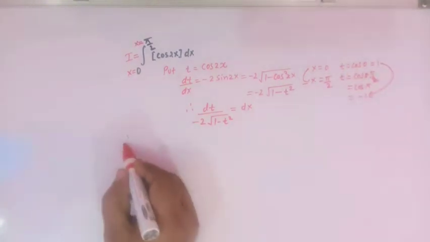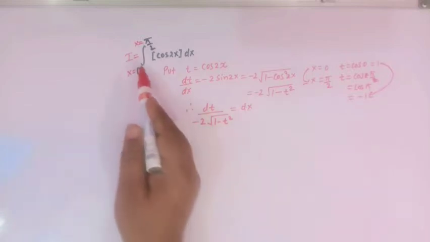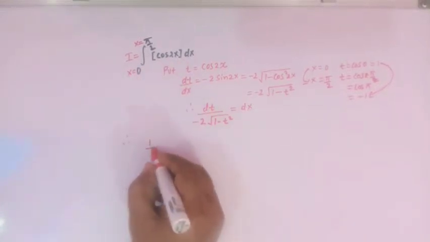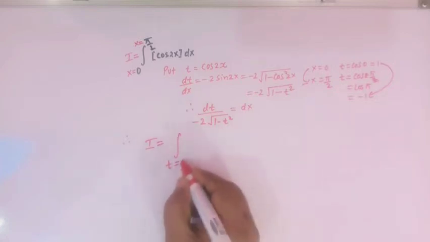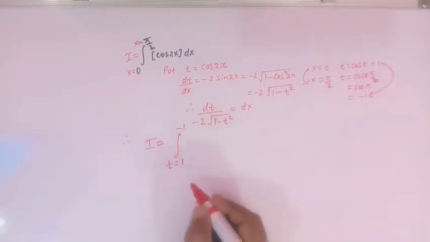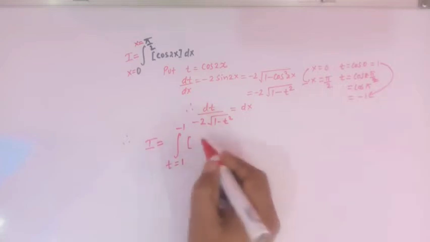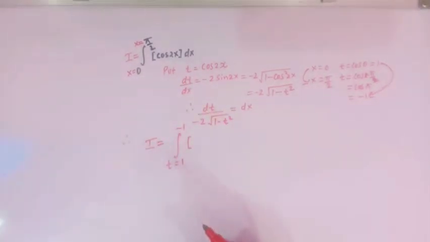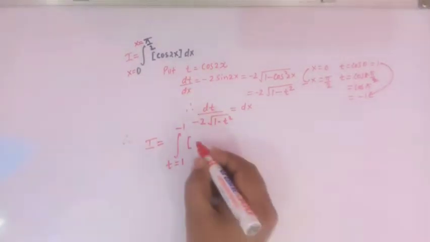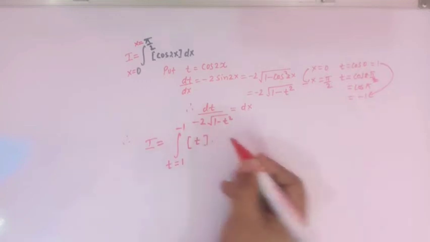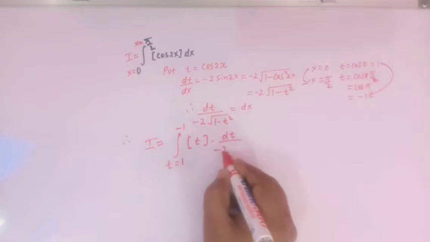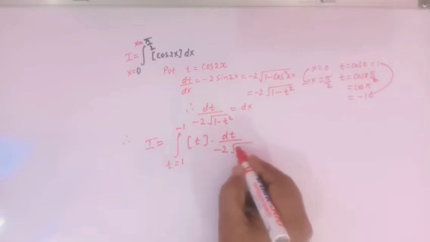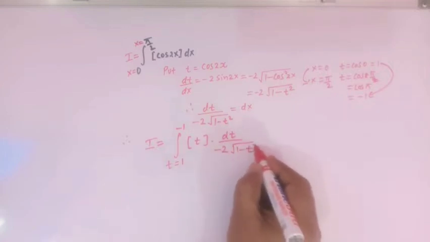So let us rewrite this integral I with t from 1 to minus 1, and for greatest integer cos 2x we can write greatest integer t, and for dx we can write dt over minus 2 times square root of 1 minus t square.